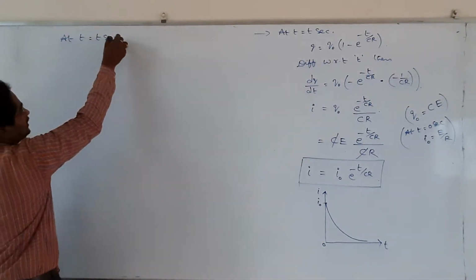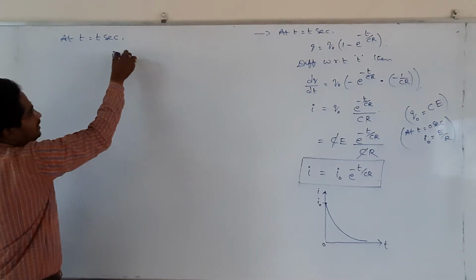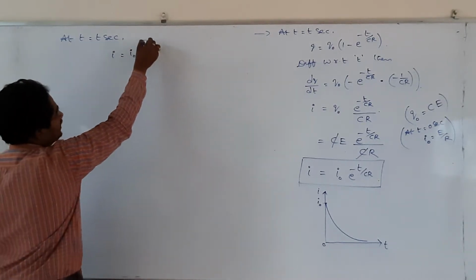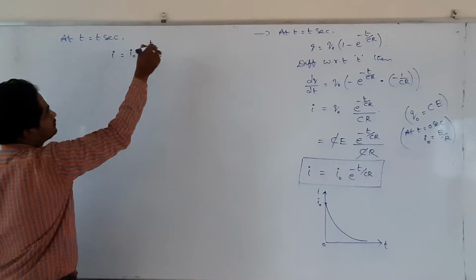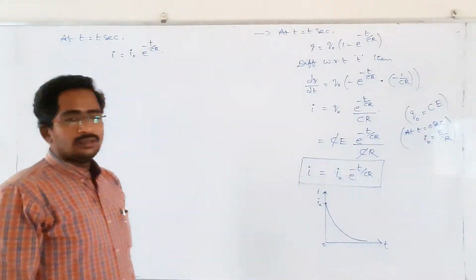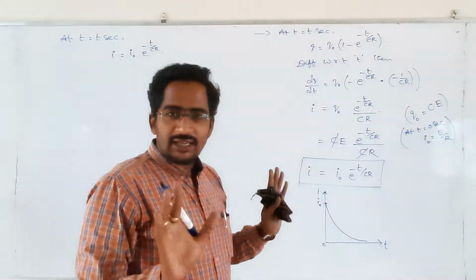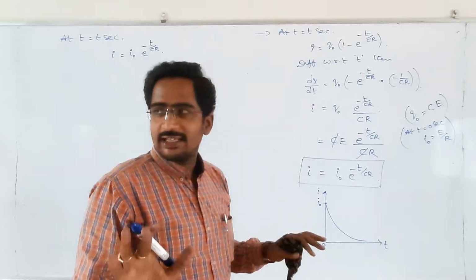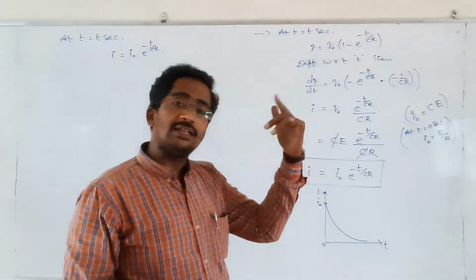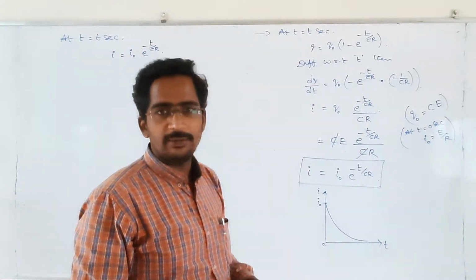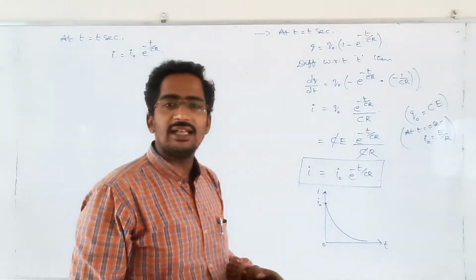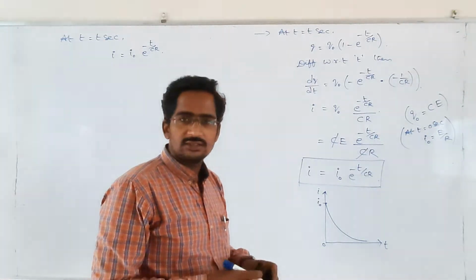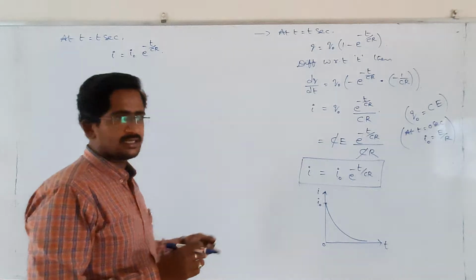The current in the CR circuit is I naught into e power minus t by CR. This is totally the growth of charge in the CR circuit case. Next there is the decay of charge case. Decay of charge in the capacitor will also be there. That we will see next.